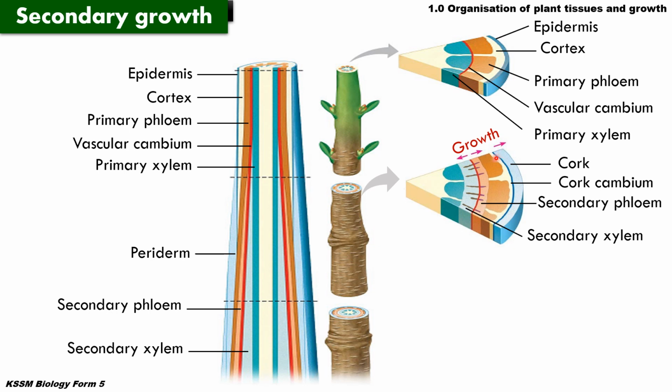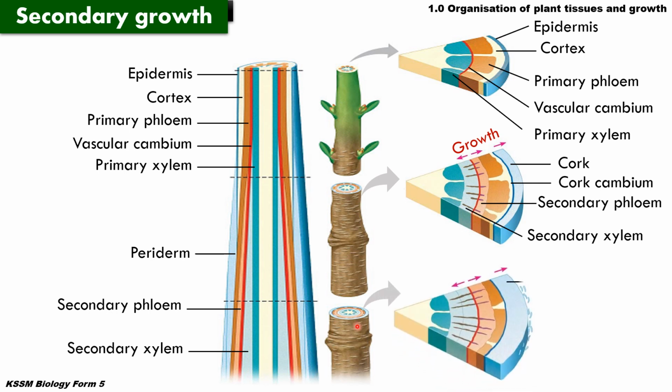Okay, so dia dah start grow. Okay, the size of the diameter also start to increase. Okay, you compare this one and this one. The size is increased. And then next we go bawah lagi. Okay, as you can see, nampak tak? Ada dua pula ni.